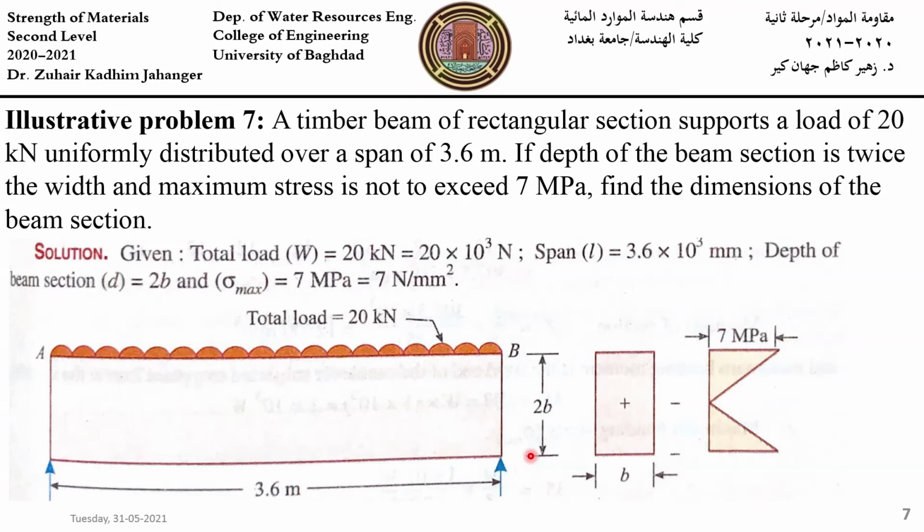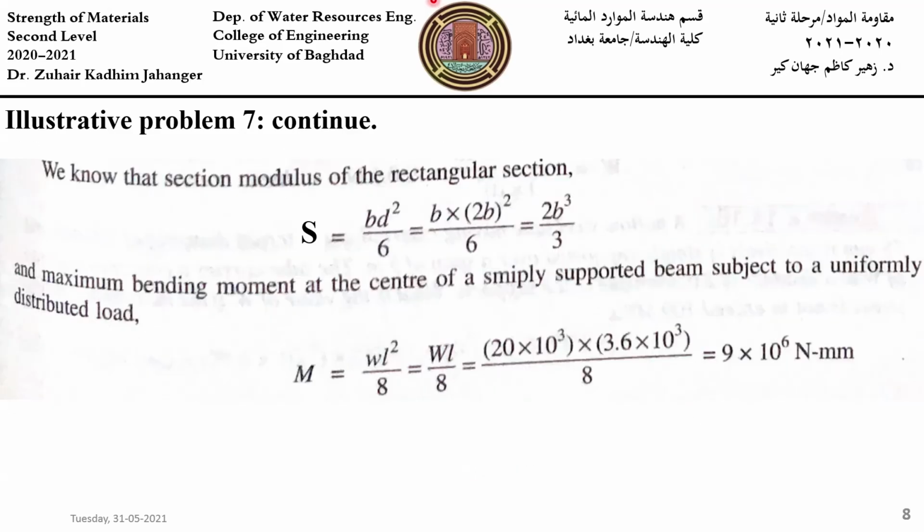So the given is total load 20 kilonewton or equals 20,000 Newton. Span L equals 3.6 times 10 cubed millimeter, and depth of the beam section d equals 2b, and sigma max equals 7 megapascal or equals 7 Newton per millimeter square. So continue on this section of this slide.